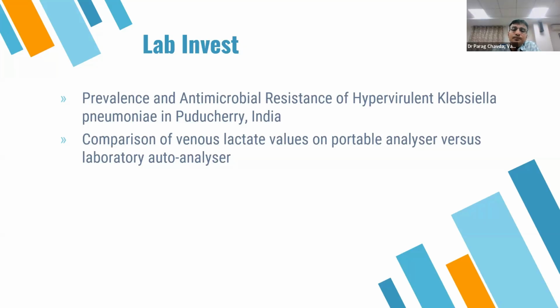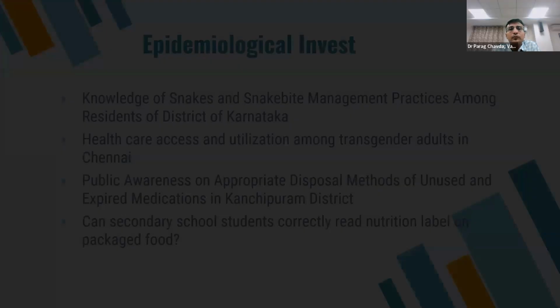So they wanted to calibrate whether the portable analyzer that they are using within the ICU itself is giving correct results or not. They did the study on a sample of serum samples and compared whether the portable results conform with the laboratory results or not. So a very simple study, but very meaningful.